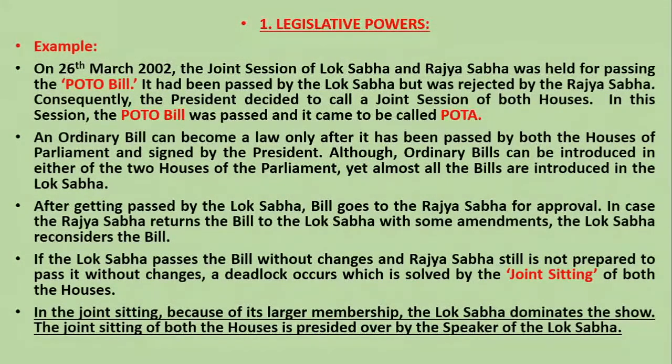But in Rajya Sabha, there are 250. So obviously 545 is more than 250, and out of 545 also elected and the majority party members are more than the members of the Rajya Sabha. So here the will of Lok Sabha prevails and bill is passed according to the choice of Lok Sabha.